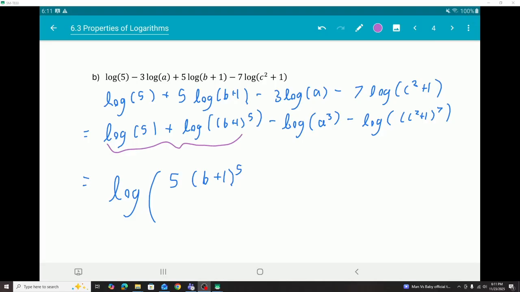And now I have one logarithm here. I subtract off this log. Well, I can use the quotient rule just to stuff that in the denominator. And I repeat that one more time with that term on the far right there and get c squared plus 1 to the 7th also going into the denominator.